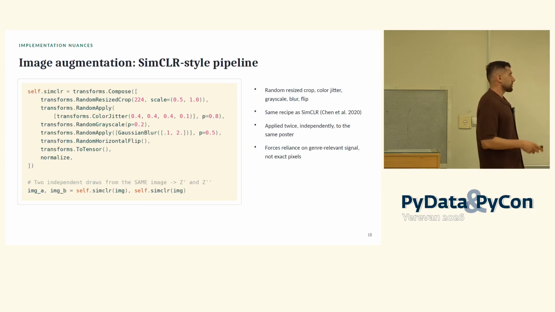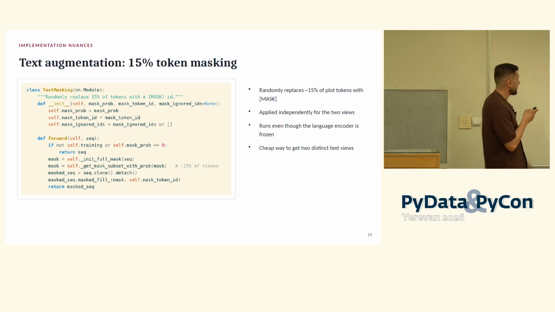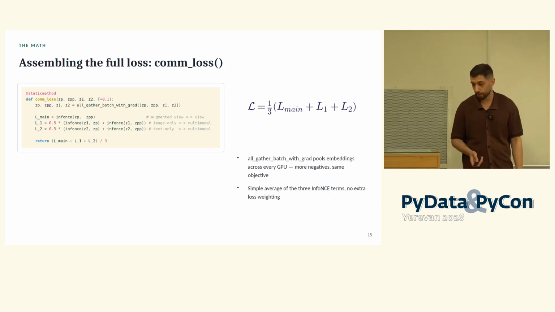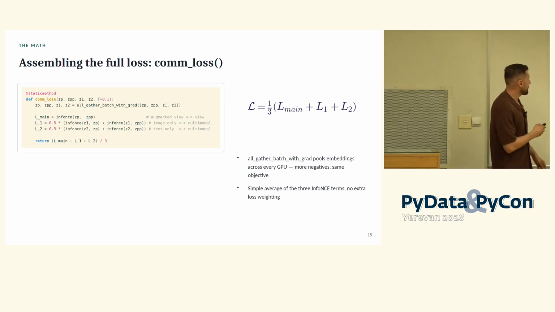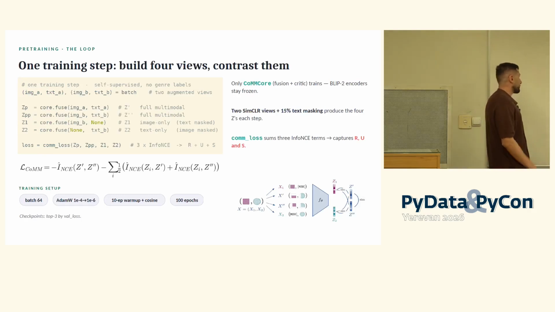For image augmentation, the whole configuration was taken from the ICLR paper, the same grayscale. I randomly flip the images, basically the same. For text, I just randomly mask 15% of the tokens. That's it. Now about the loss: fortunately for us, InfoNCE is implemented in PyTorch, and for CoMM I constructed it with just basic algebra. And that's it. We have everything we need for pre-training.